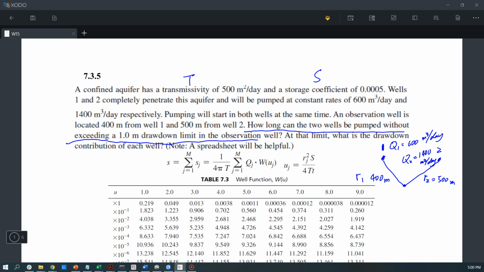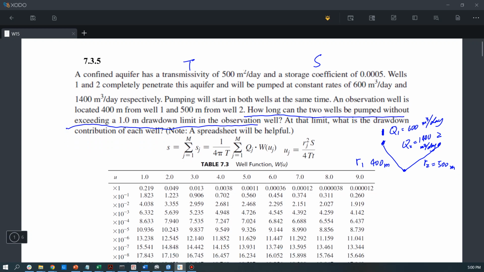Okay, so how do we calculate the drawdown for this multiple well system? According to equation 7.27 in the textbook, we can linearly combine the drawdown caused by these two wells using the equation that I show here.